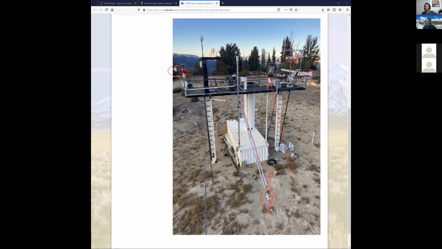Before we move on, just a few other important measurements you can make of the snow that might be of interest before we leave this figure. We also have at our site these boxes over here. These are stainless steel pans in the surface. Let me see if I can zoom in.